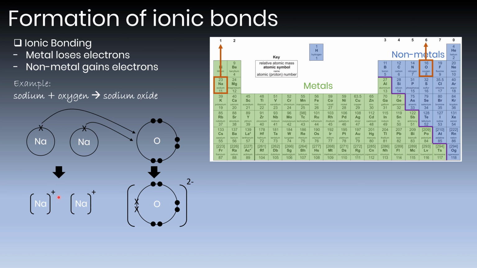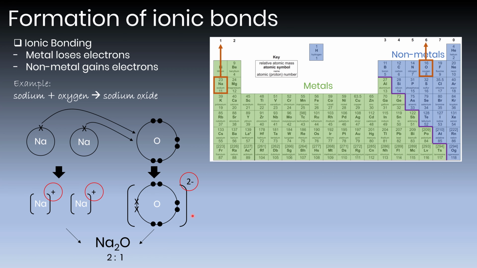We can see that the charges of the 2 sodium ions, plus and plus, cancel out the 2- of the singular oxide ion. So therefore, when we cancel out the charges, the formula of this product is Na2O, with 2 sodiums and 1 oxygen in this 2:1 ratio.